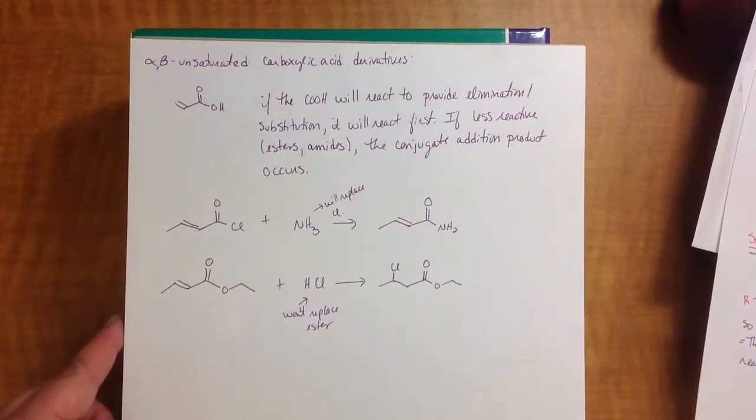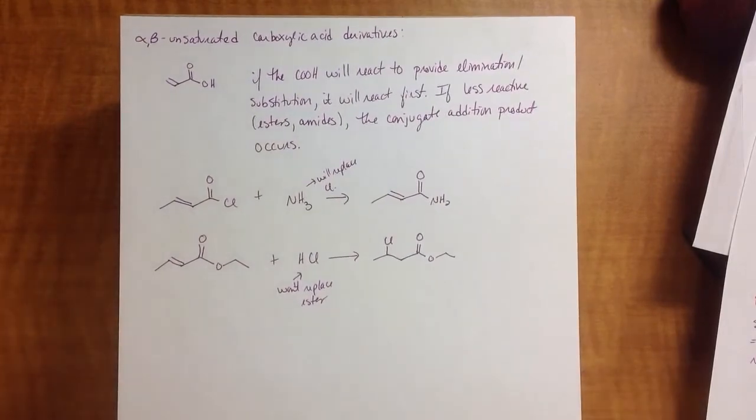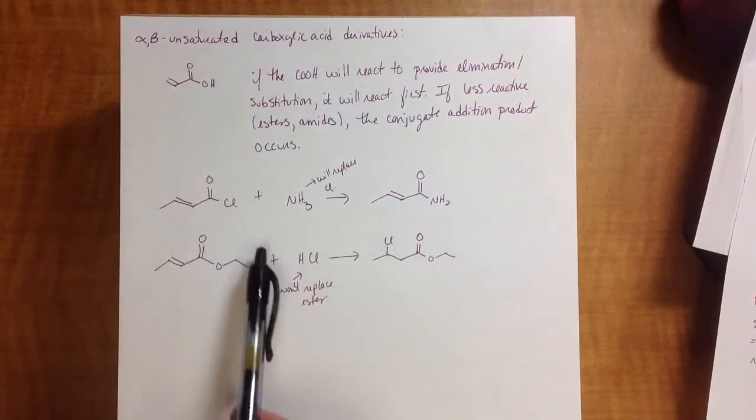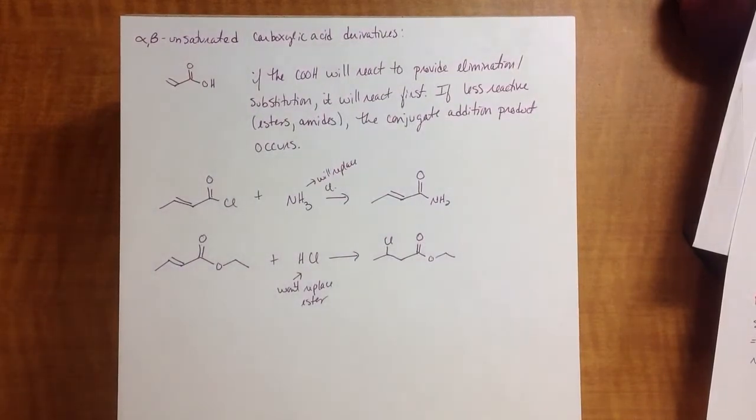Okay. You also have to consider carboxylic acid derivatives, and by that we mean anything like this, so acyl chlorides or esters, anything that basically has a C=O bond in it. If you can provide an elimination substitution reaction, that's what's going to happen first.